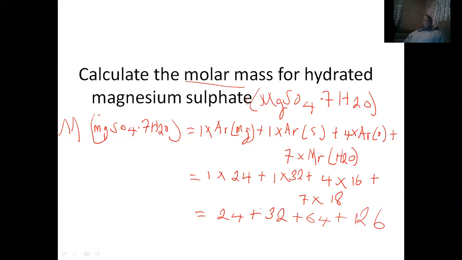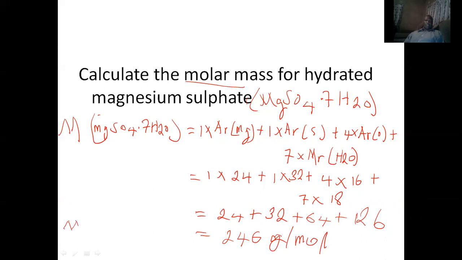And so this gives us 246 grams per mole. So we notice that the molar mass has the units grams per mole.